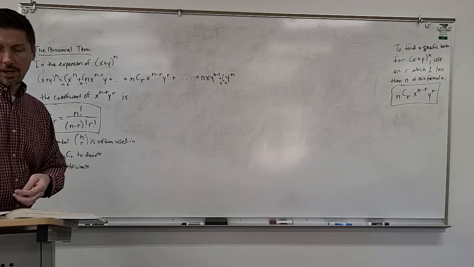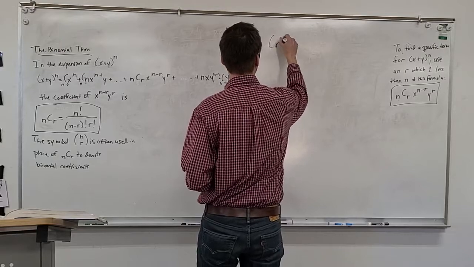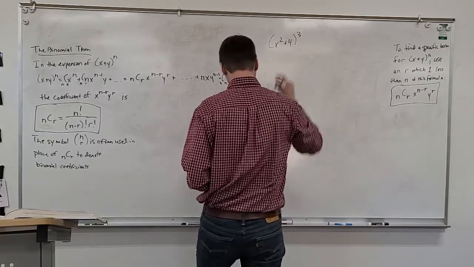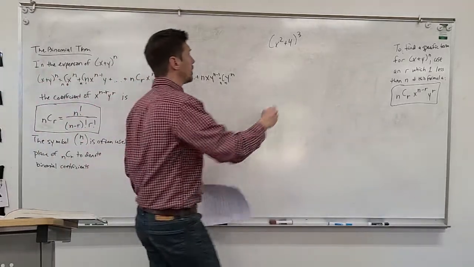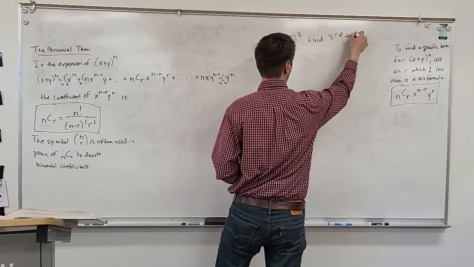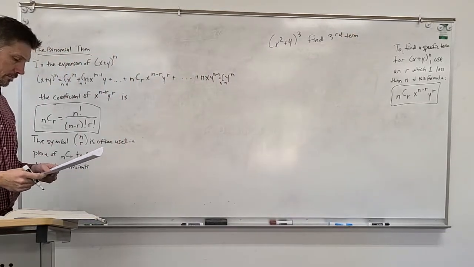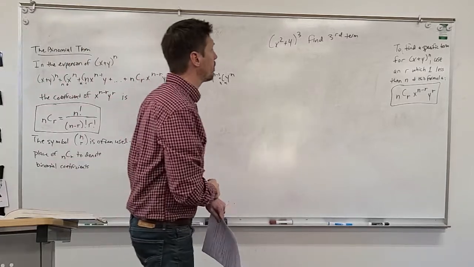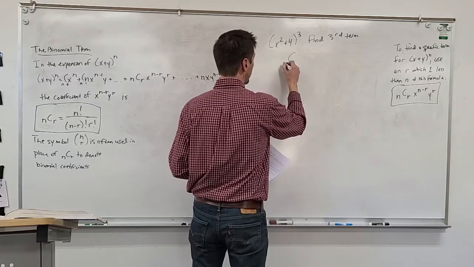So if, for example, we had (x squared plus 4) cubed, and we were asked to find the third term, plugging that into our formula, we use 3 for n.